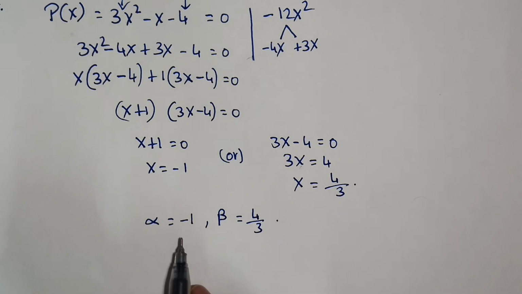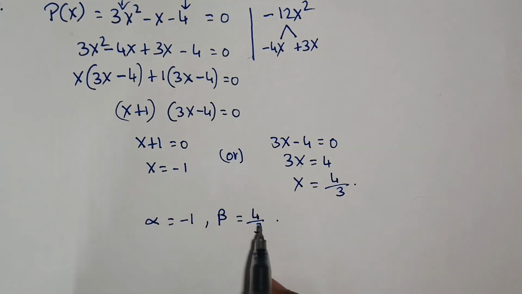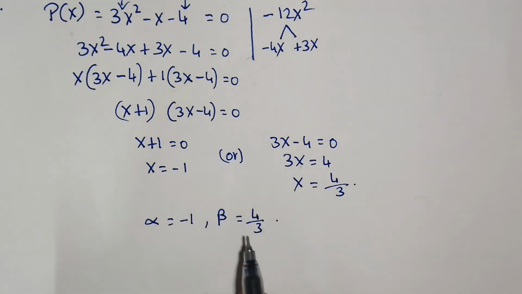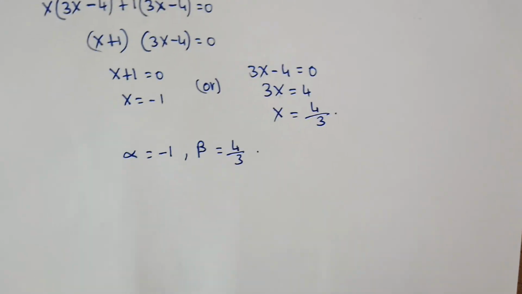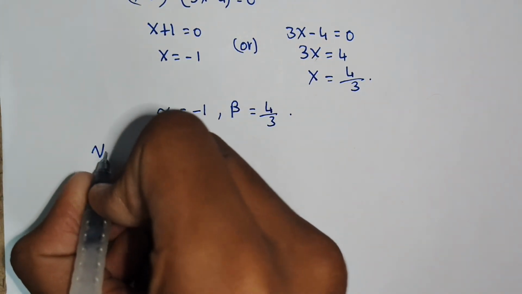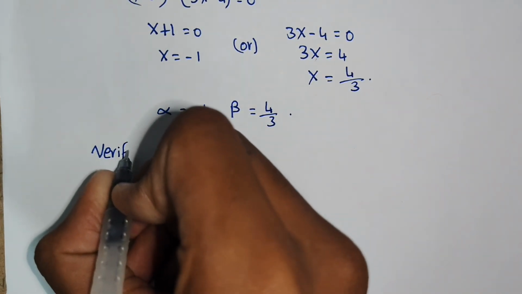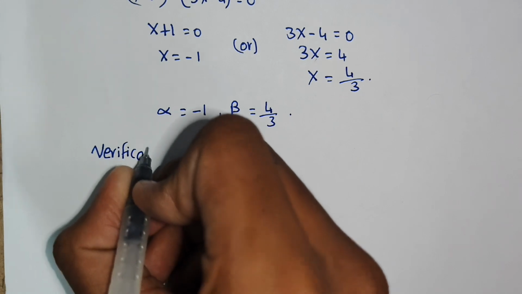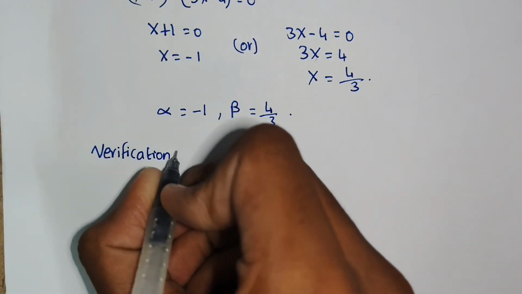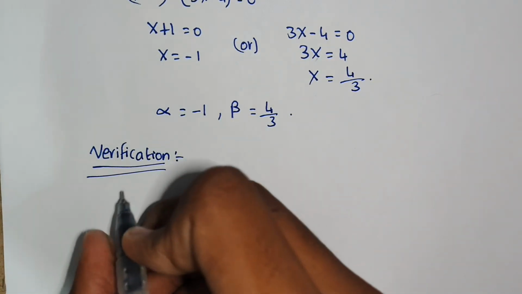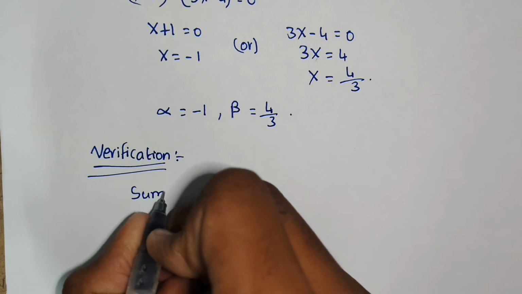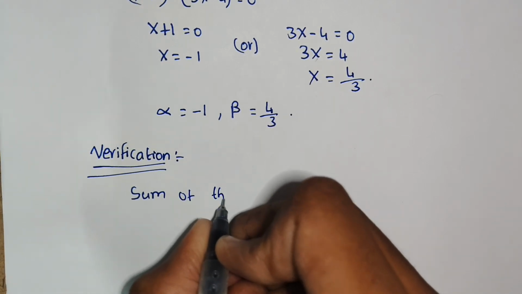I thought that alpha is equals to -1, beta is equals to -4. So let us do the verification. First step of verification, sum of the zeros.